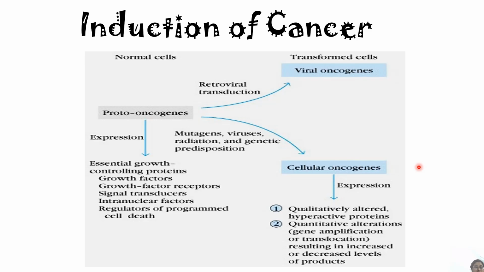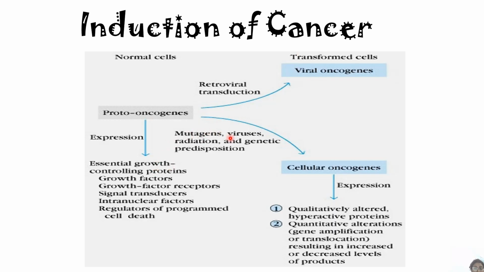So, what is the process of induction of cancer? There are proto-oncogenes, the expression of which is essential for growth controlling proteins like growth factors, growth factor receptors, signal transducers, intranuclear factors, regulators of programmed cell death, and all of that. Then they can undergo retroviral transduction to lead to transformed cells or viral oncogenes.